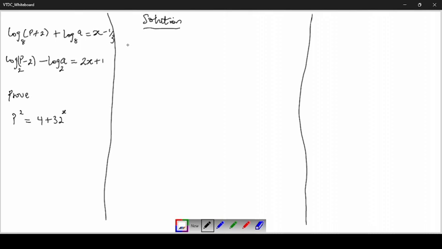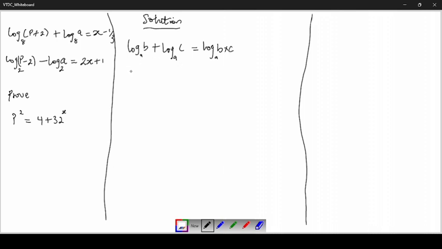First thing I'll do, I'll try to recognize the laws of logarithm. One most popular we know is that if we had a log of a certain base a to a number b, plus log of that same base a to a number c, it is the same thing as saying log of that base to b times c.